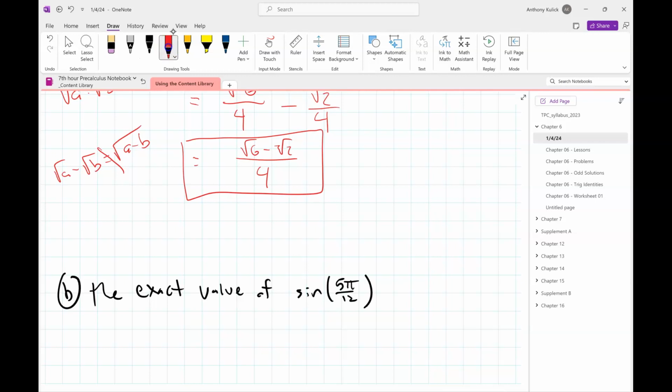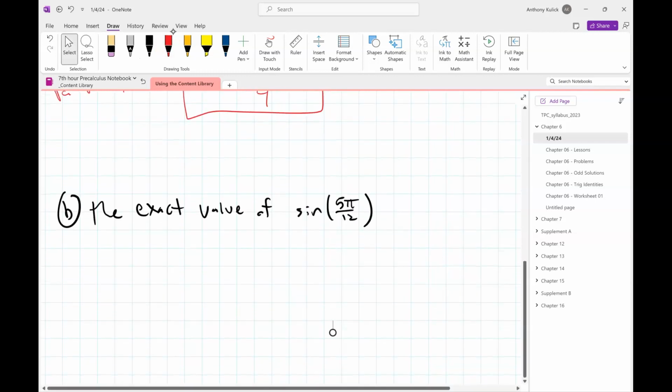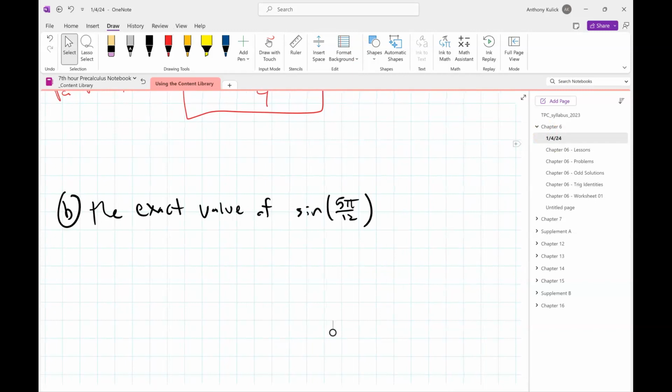Let's make it a little bit sneakier or more challenging here. Oh no! What makes this one a little bit harder? It's in radians, right? We have the fractions in there. What do you suppose is my suggestion for the first thing you do?